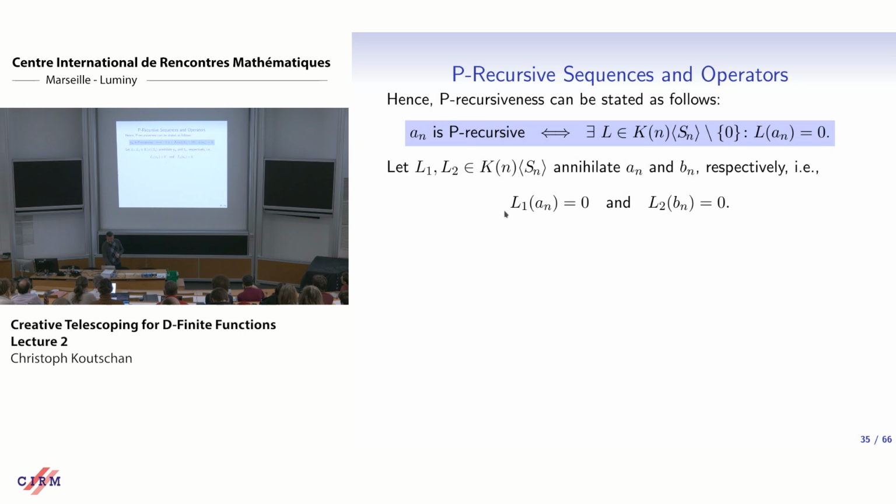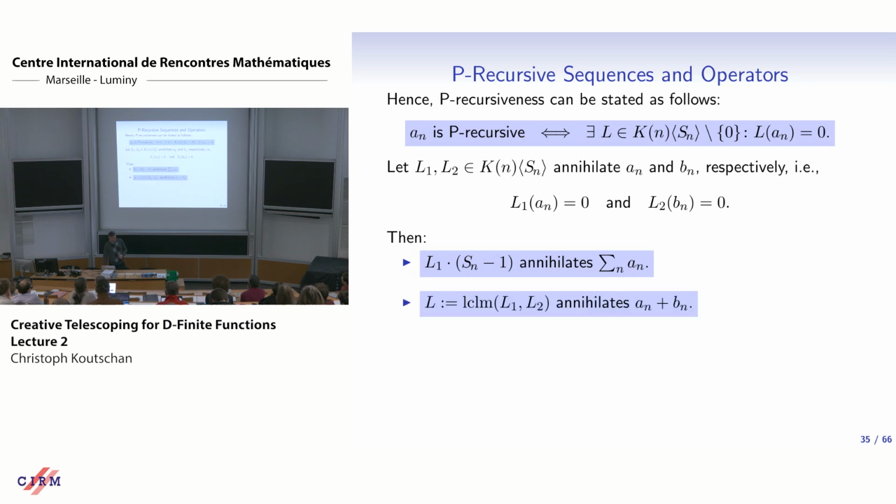So if you have two sequences annihilated by L1, L2, then the anti-difference, as we have seen, is just this. So you have this Sn minus 1. This corresponds to the forward difference, An plus 1 minus An. And then you compose this with the original operator, and then you get an operator that annihilates the indefinite sum.